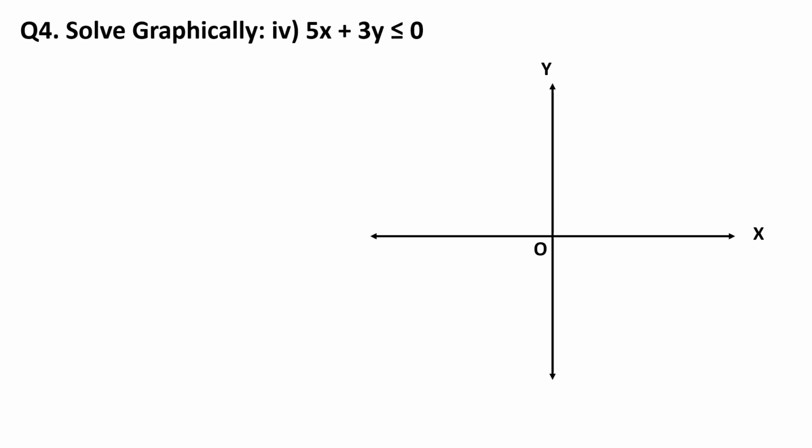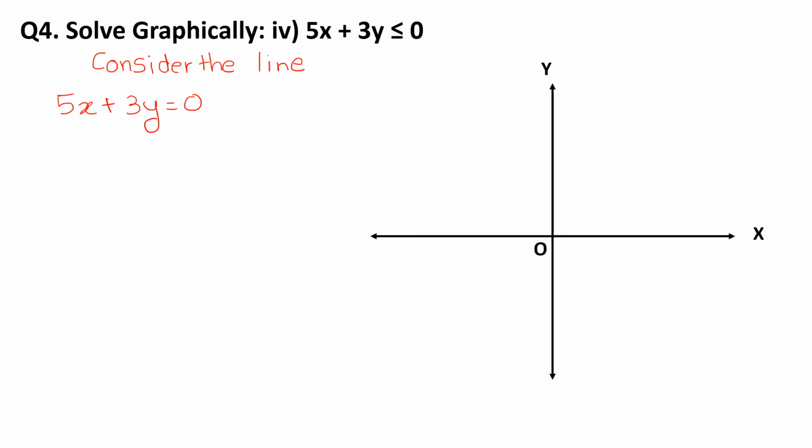The last problem in question number 4 is 5x plus 3y less than or equal to 0. So for finding the solution, consider the line 5x plus 3y is equal to 0.